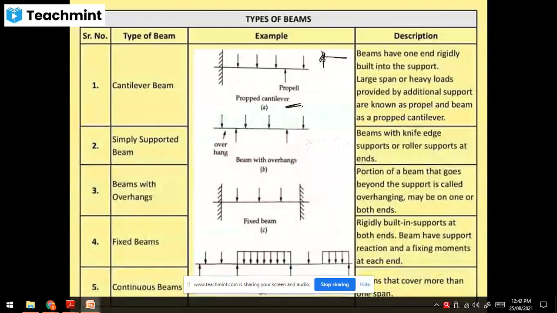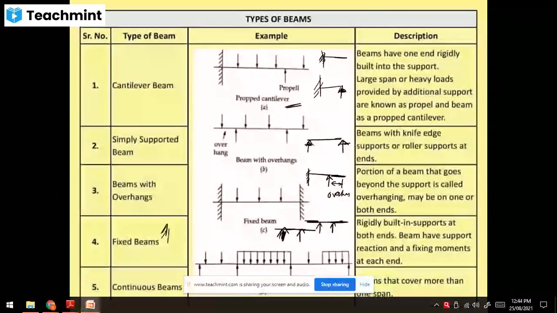That is called an overhang beam. Fixed beam: both ends are fixed. And continuous beam: the beam which is continuous over a number of spans. So these are the different types of beams.